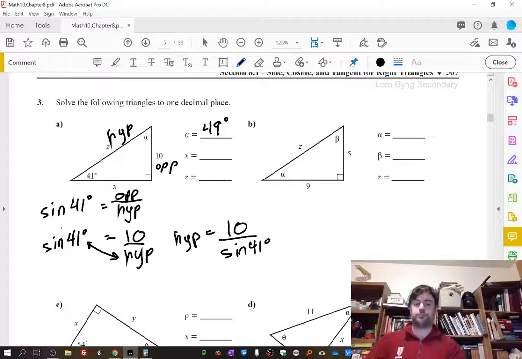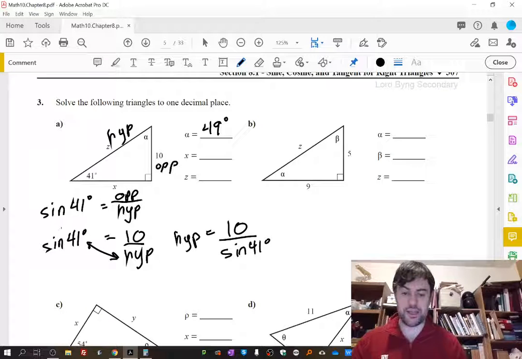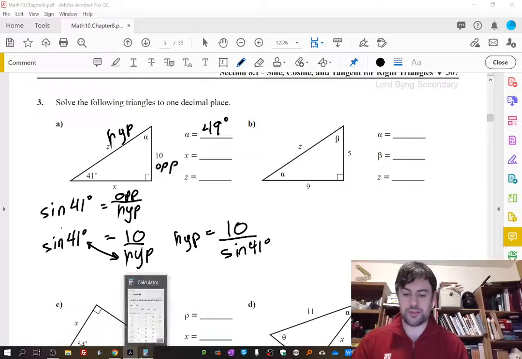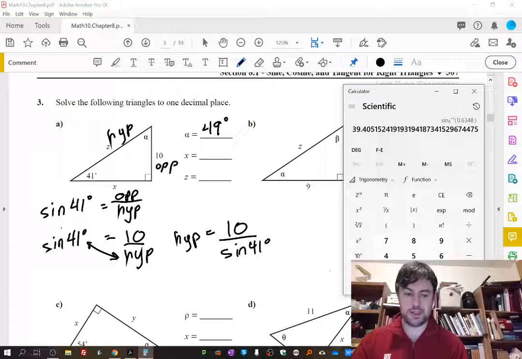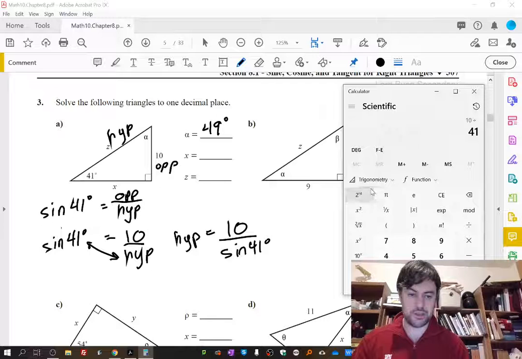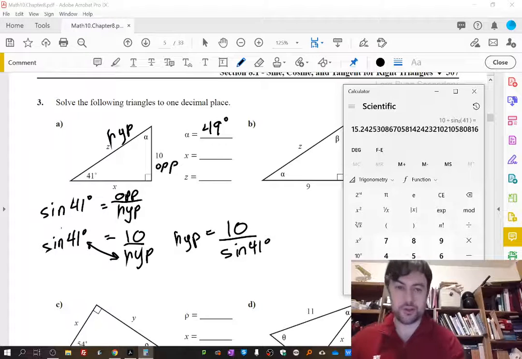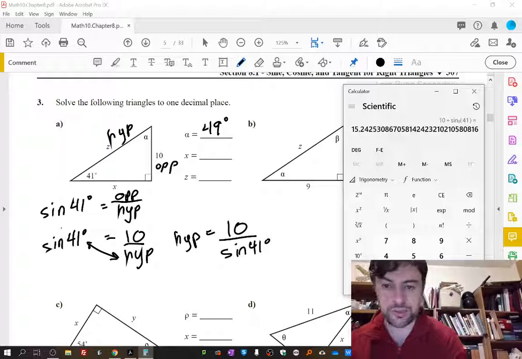So I'll put that into my calculator. 10 divided by 41 sine equals 15.2. That's going to be z.